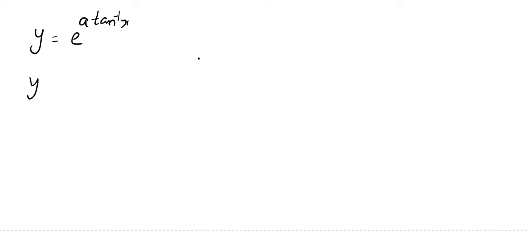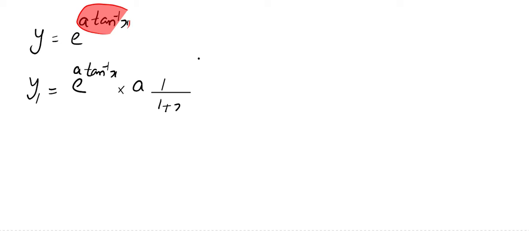So clearly, as explained before, I am going to find y1, and what I see here is e to the power something. So e to the power something differentiated will give you e to the power the same quantity times this becomes a into 1 by 1 plus x square.